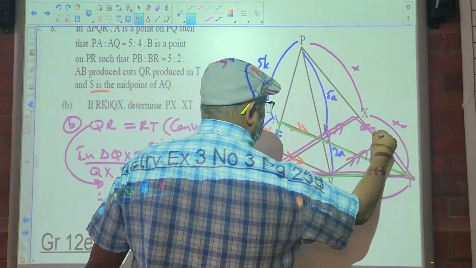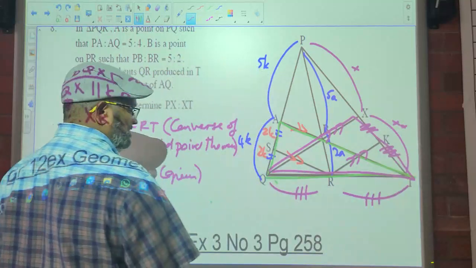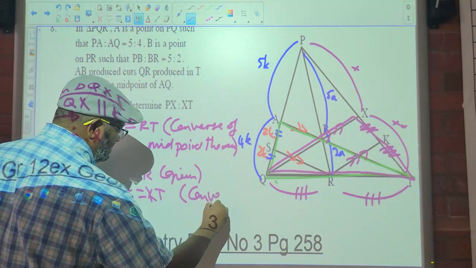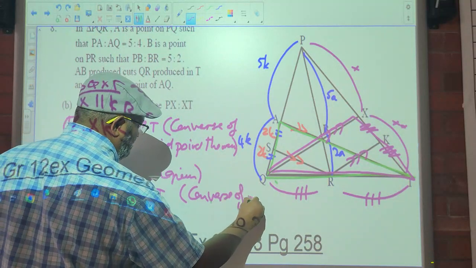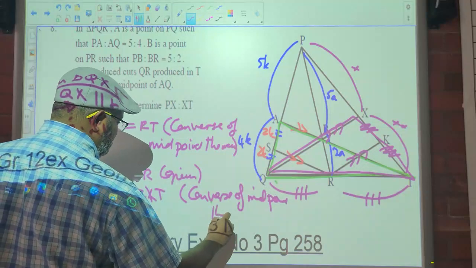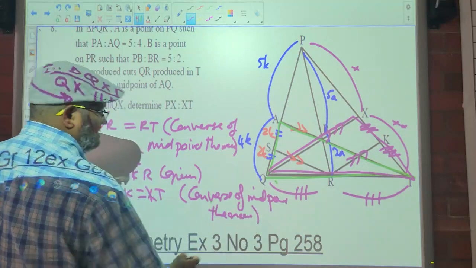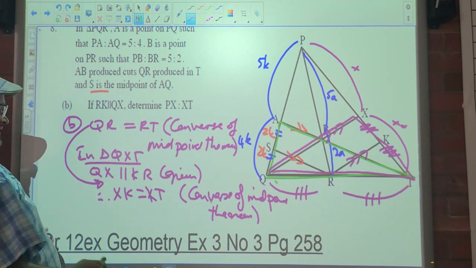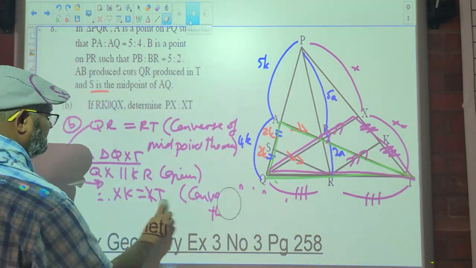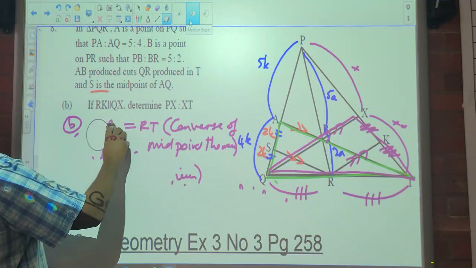So this line here is also equal. Why? Because of the converse of the midpoint theorem. But how is that going to help us? I just need the space, so I'm taking this off, not because it's wrong.